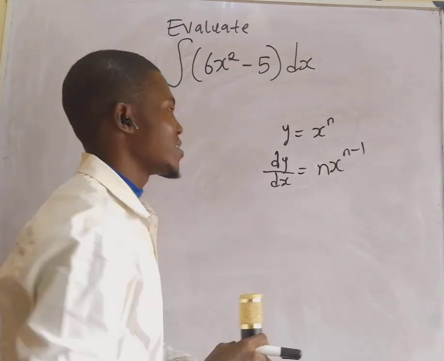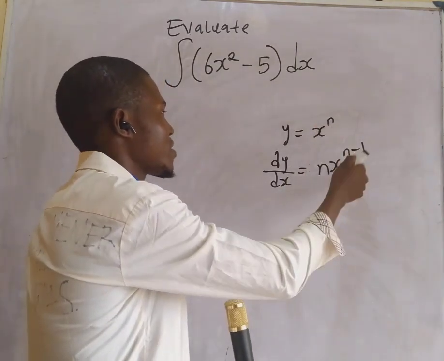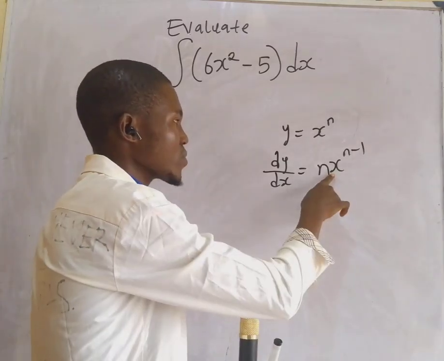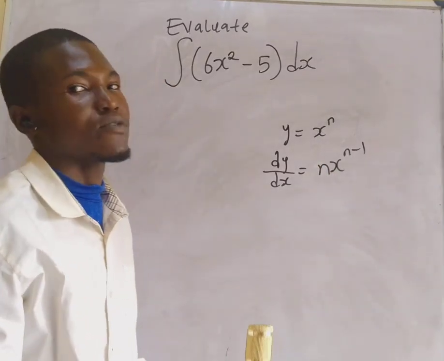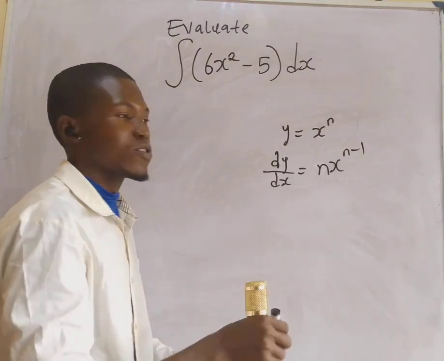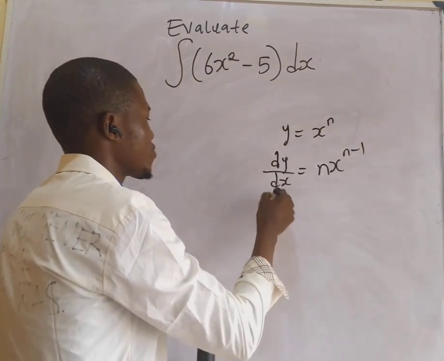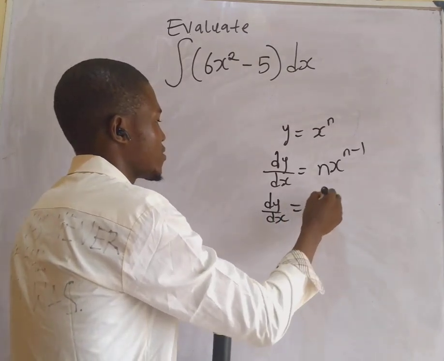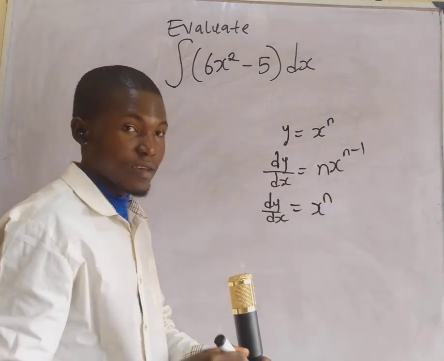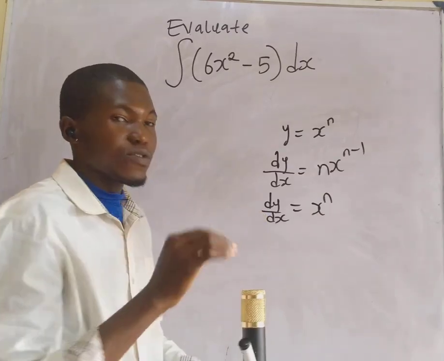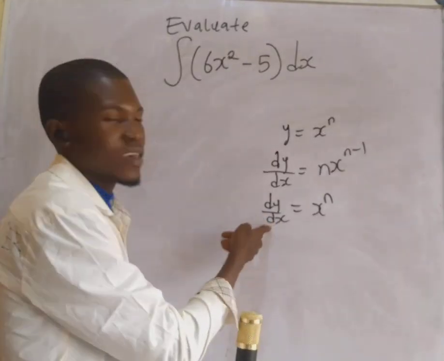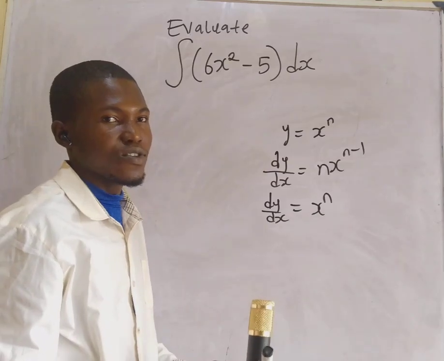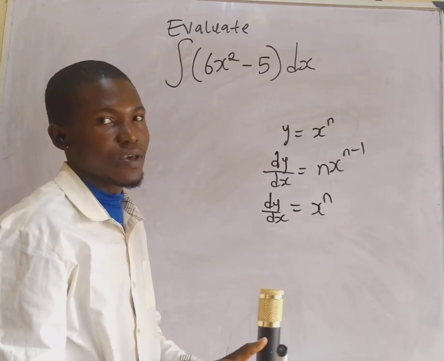That's just it. Since we differentiated this and have nx to the power of n minus 1, now what if you are asked to integrate, and you're given dy over dx is equal to x to the power of n? The first thing you do is remove this dx, because you are integrating in terms of x.